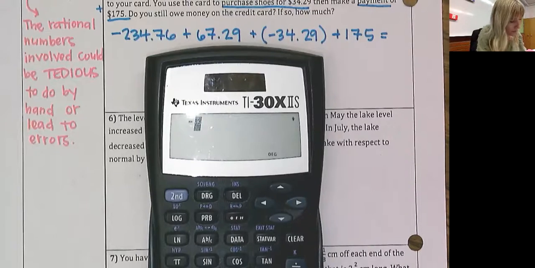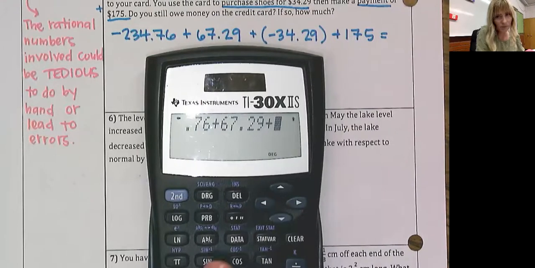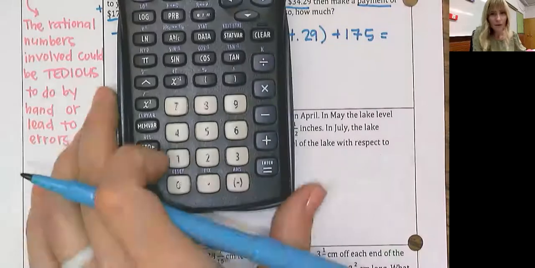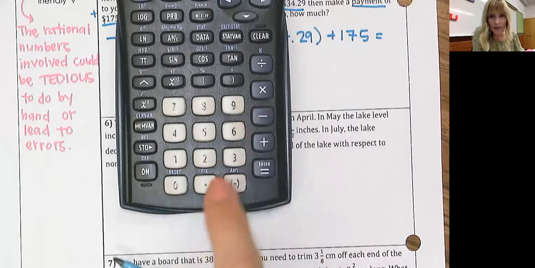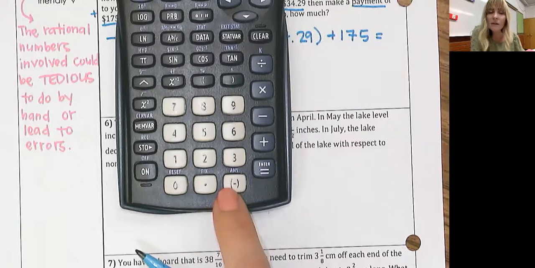So I'm going to do negative 234.76 plus 67.29 plus. By the way, let me make sure you understand here. You can type the parentheses or not. Calculators will have a subtraction button and they will have a negative button. They're different buttons because they are different things.